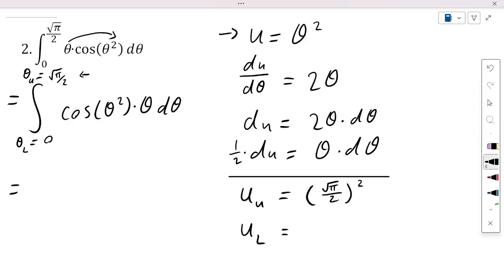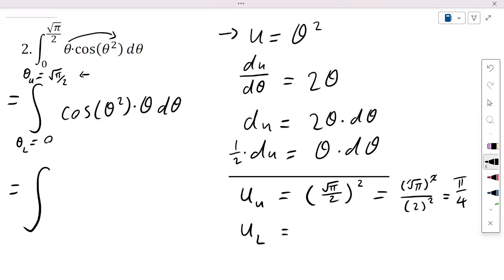We're just substituting the original theta to give us our new upper and lower limits in terms of u. This can also be written like this, and then these can cancel. This is going to be pi over 4. 2 squared is 4. So now we have our new upper limit, which is pi over 4.